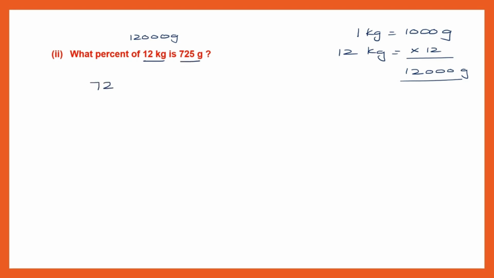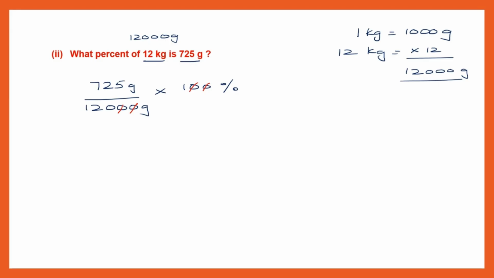So we say 725 grams divided by 12,000 grams. We put it this way. Now to find the percent, we multiply it by 100%. So cancel the zeros that you can. Here 2 zeros I can cancel. I've cancelled there also. I can cancel 725 and 120.